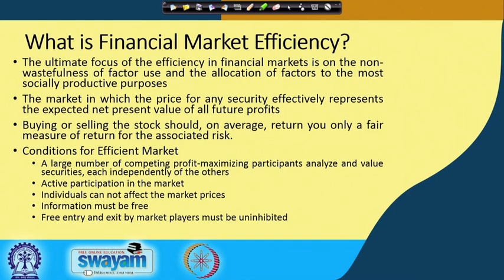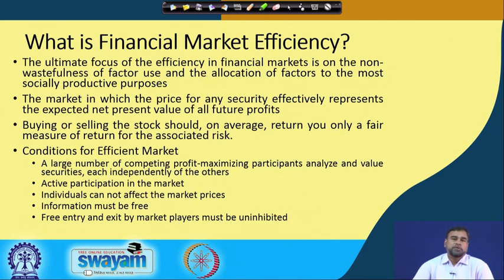So, let us see what we mean by efficiency, and how market efficiency can be defined. Whenever you talk about market efficiency, there are some broad definitions and some narrow definitions.